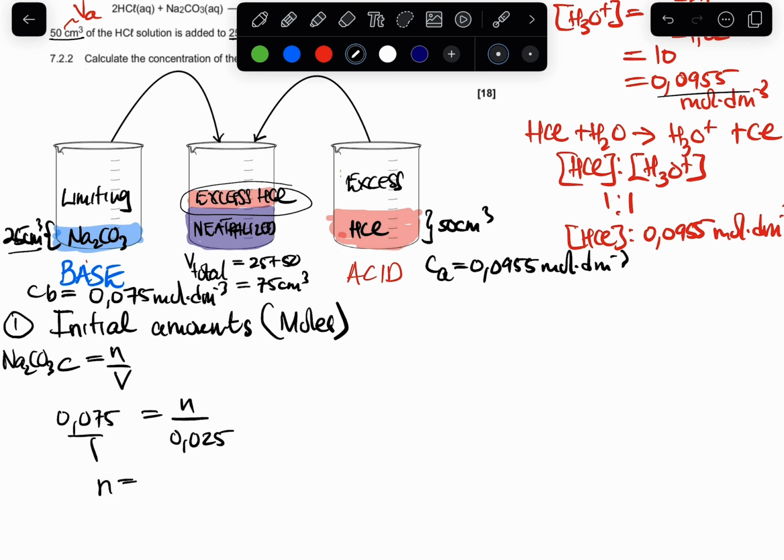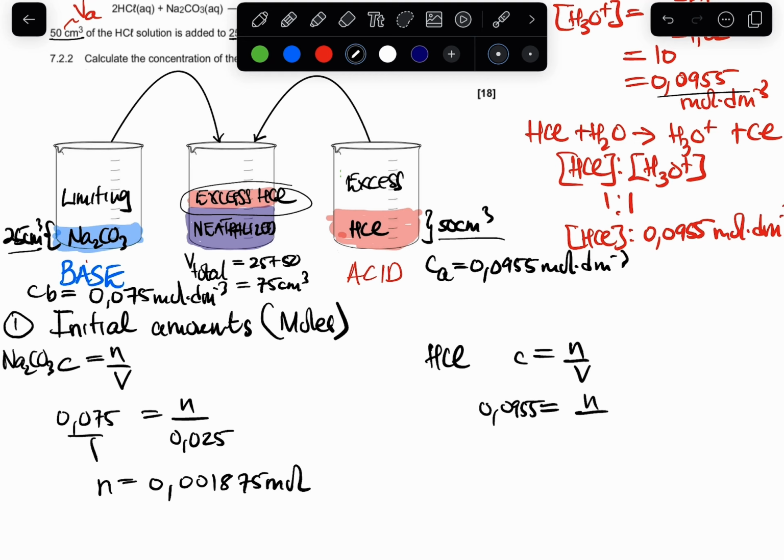It's going to be 0.01875 mole. This is an amount available for sodium carbonate. Let's do it for HCl, the hydrochloric acid. C is equal to N over V. We substitute the concentration, 0.0955, and we divide by the volume.